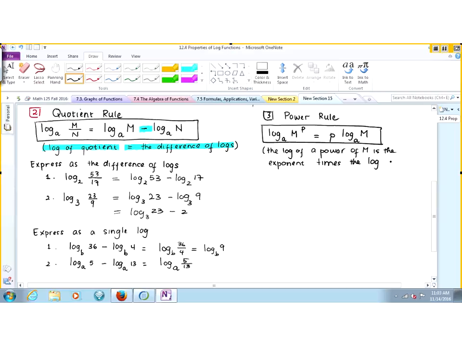So if you have log of power of m, you can bring the exponent down. We will use this a lot. I'm going to say that this is used to simplify exponential equations.